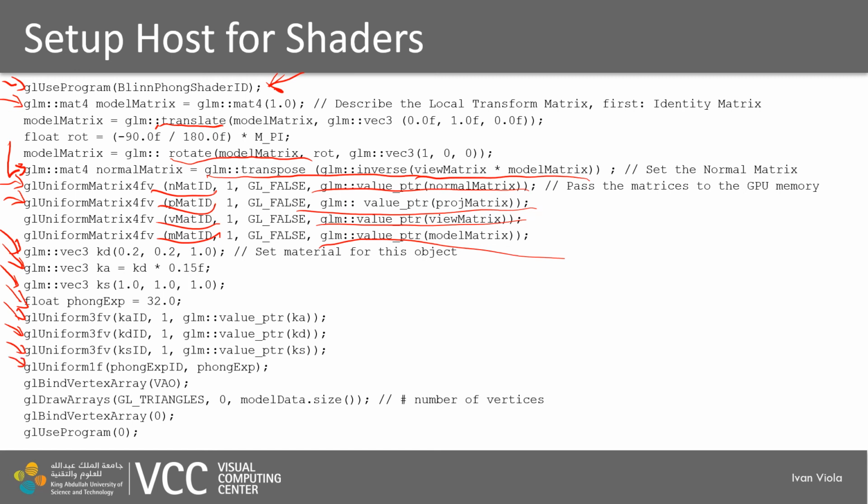Once this is done, we bind our data, and once we have bound our data, then we can perform the draw call with all the uniforms and the data and the program set up as we want. Once the draw call is completed, we unbind the vertex array and unbind the shader program.